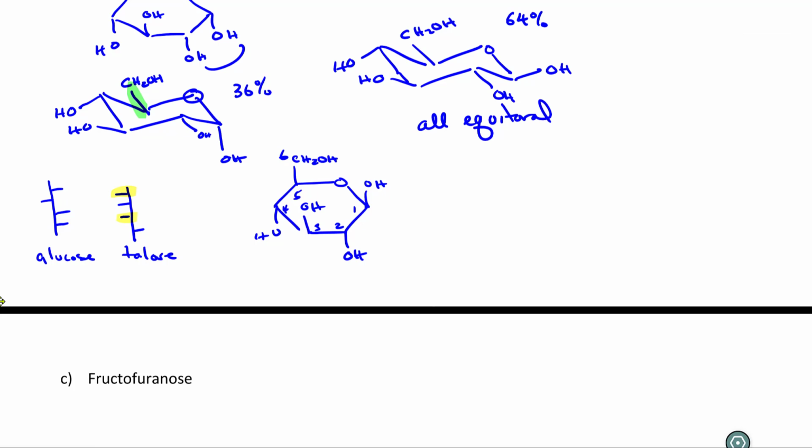So what you do when you draw talose, if you can remember glucose, rather than going through the whole drawing it on its side and stuff, you can just draw the Haworth, just like as if you were drawing glucose. The CH2OH goes on top, and then carbons 2 and 4 are opposite.